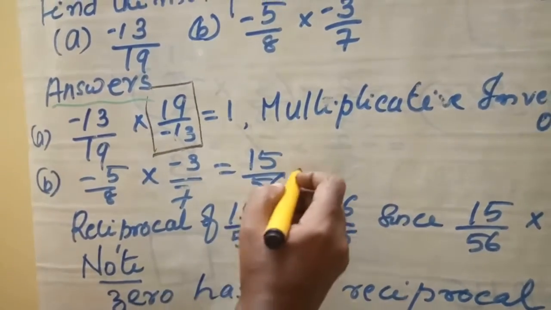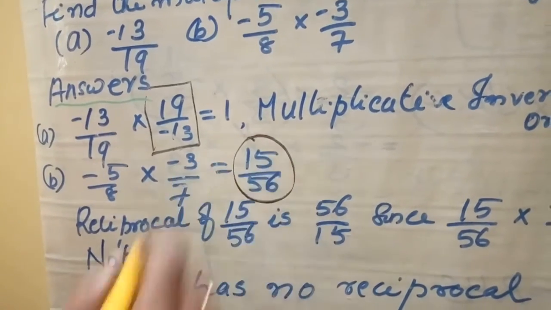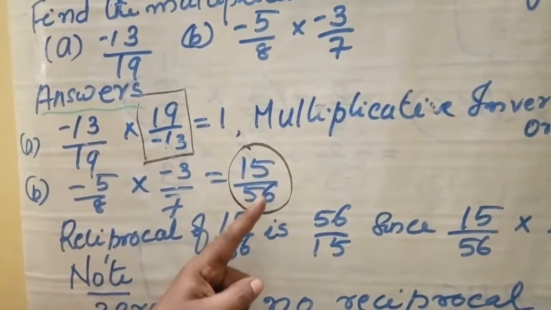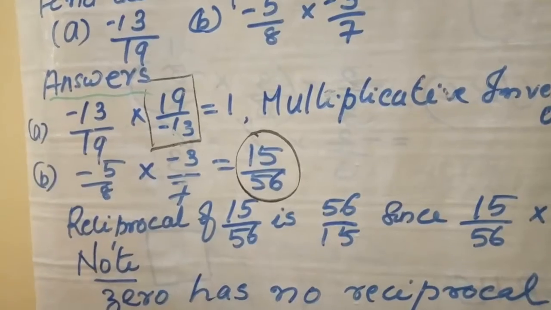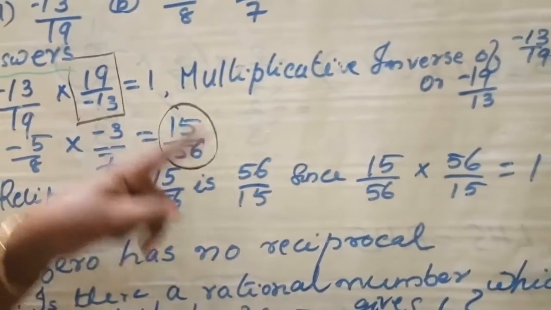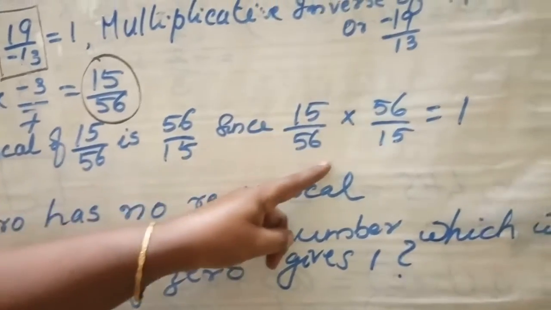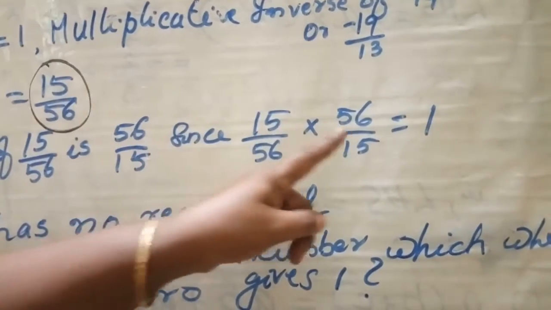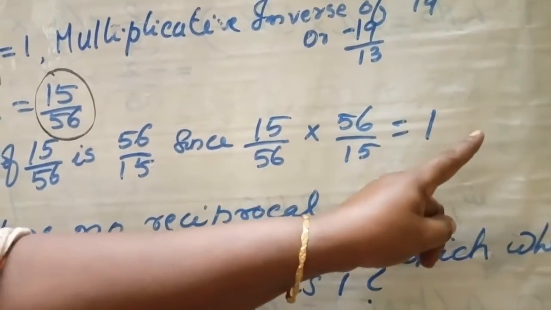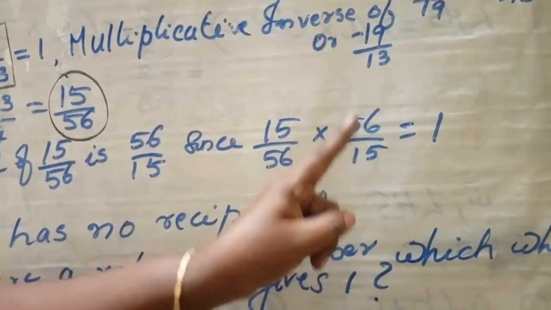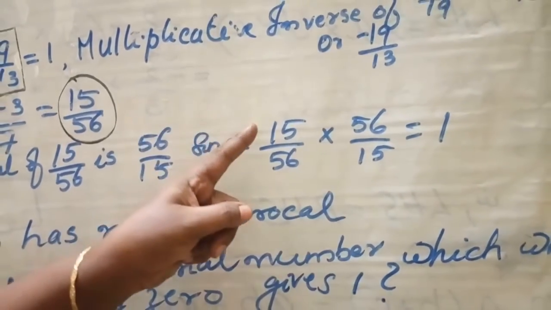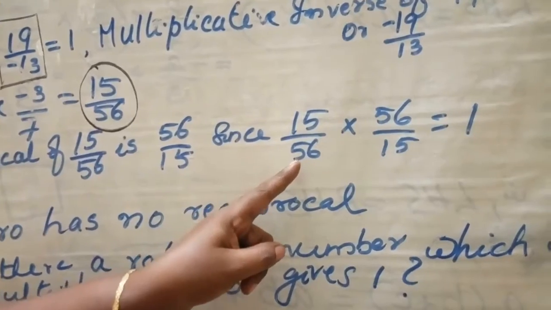That means we get a rational number. Now, can you say what is the reciprocal of this number? Take the reverse order. The answer is 56 by 15. What is the reason? The number 15 by 56 into this reciprocal, the result is 1. So we can say that 56 by 15 is the reciprocal of 15 by 56.